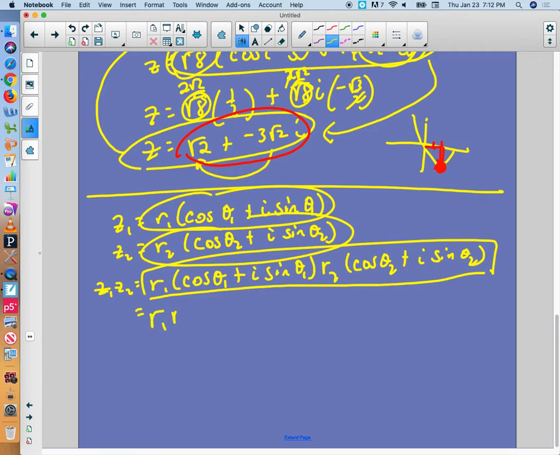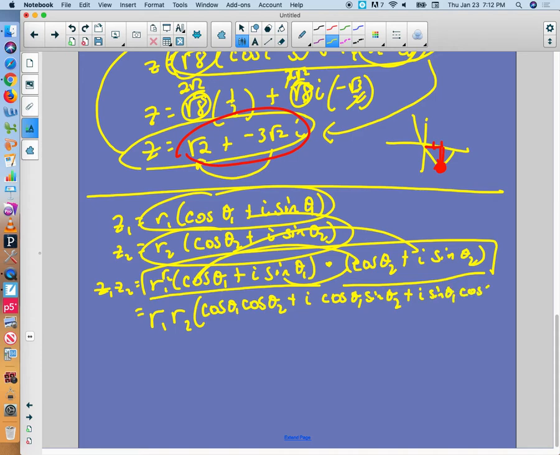So I'm going to say R1 times R2, and then I'm going to have to do FOIL, so I just move this out here with this other R, and then I'm going to do FOIL here. So this is cosine of theta 1, cosine of theta 2. This is i times cosine of theta 1, sine of theta 2. This is i times sine of theta 1, cosine of theta 2, and this one is i squared sine squared of theta 2.